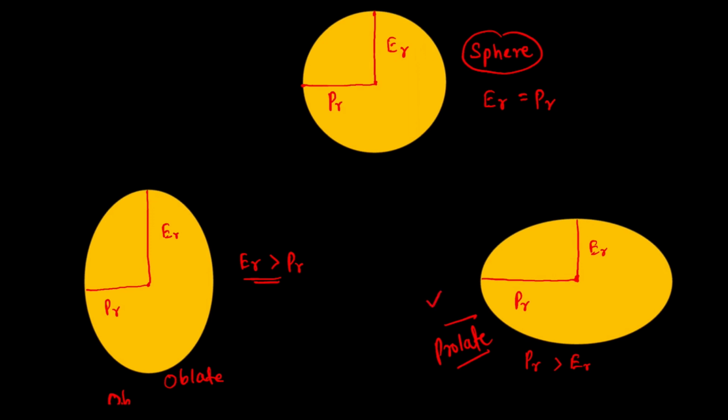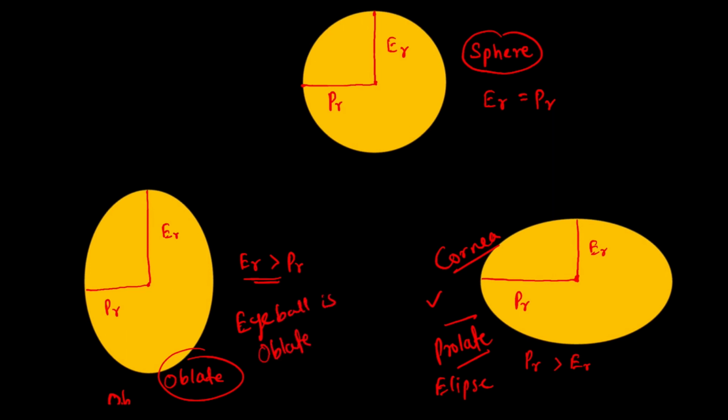Prolate is the cornea, actually a prolate ellipse. Oblate is our eyeball, an oblate squashed spheroid. Got it? So these two have to be remembered.